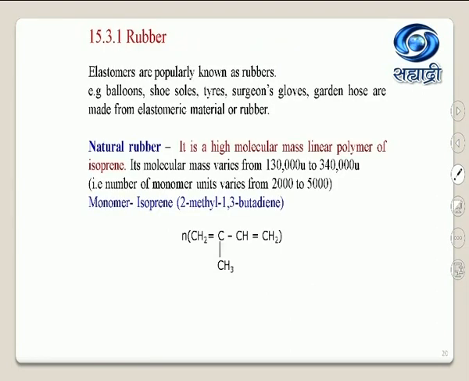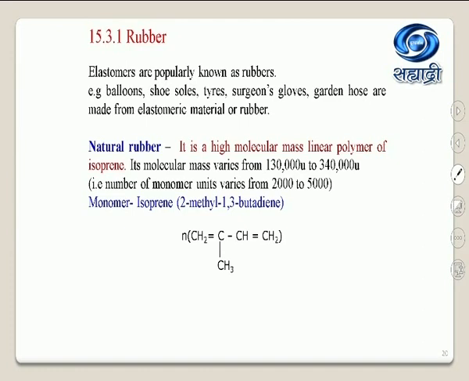So let us study first rubber. Elastomers are popularly known as rubbers. For example, balloons, shoe soles, tires, surgeon's gloves, garden hose are made from elastomeric material or rubber. Natural rubber is a high molecular mass linear polymer of isoprene.